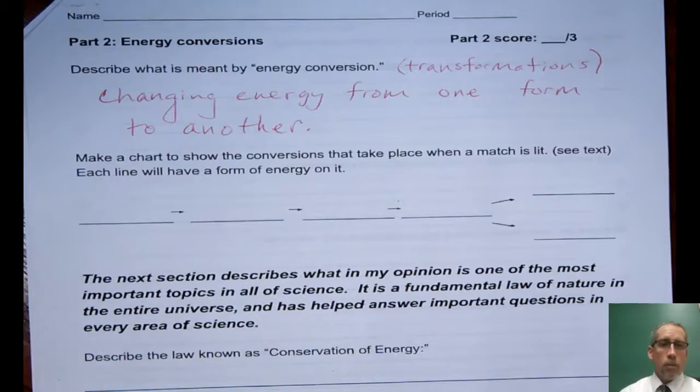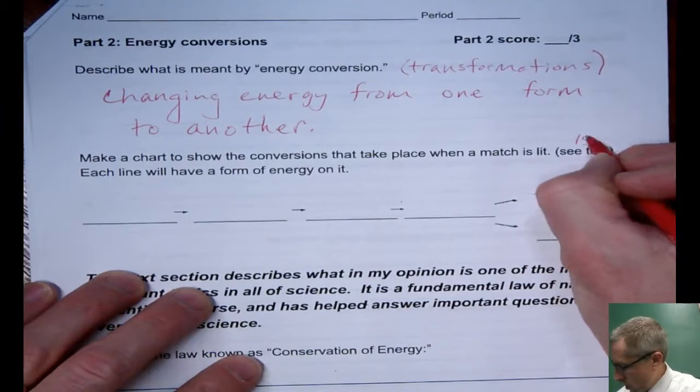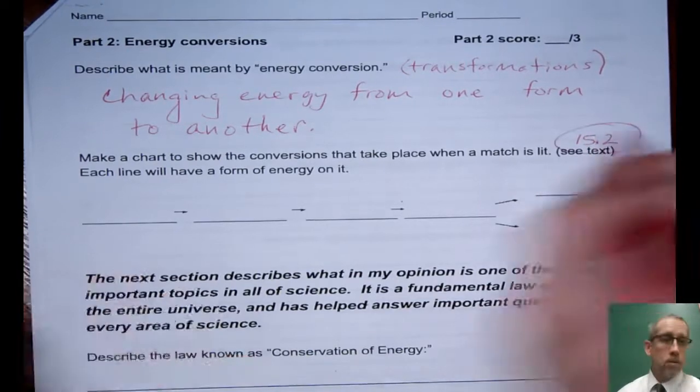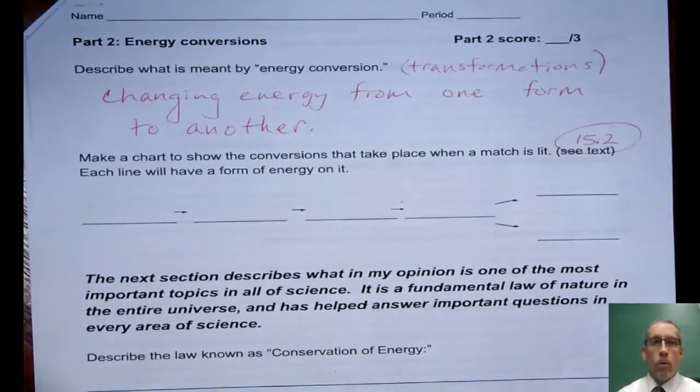So here's an example that's actually in section 15.2 in the textbook. They have a little description of it, and they have a diagram that goes along with it that's kind of nice to look at. And what it does is it has you think through what are all of the energy conversions or transformations or changes that happen just in the simple act of striking a match, lighting a match. So, what does it take to get that started? You have to do something.